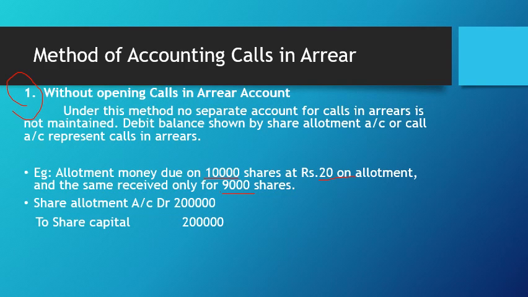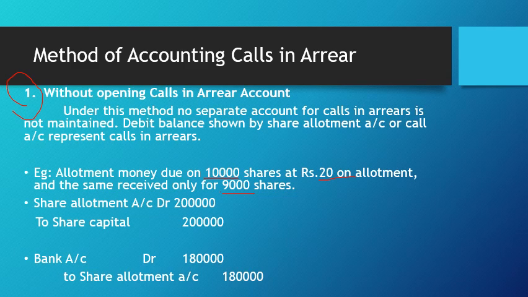Bank account debit to share allotment account. Yes, how much did we get? 1,80,000. So what is the remaining 20,000? This difference, the remaining 20,000, is to be treated as what? Calls in arrears.